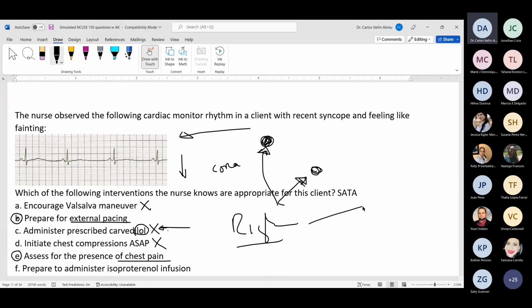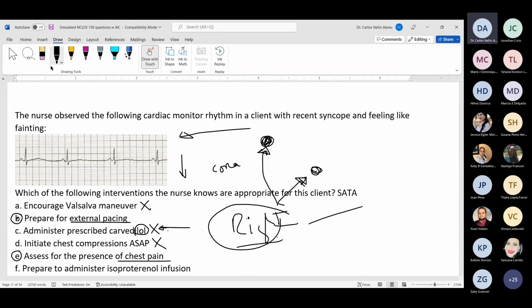So when there is an obstruction of the right coronary artery, seen more frequently in the lower, diaphragmatic side of the heart, or right ventricle infarction, you can have bradycardia. So it's pertinent.